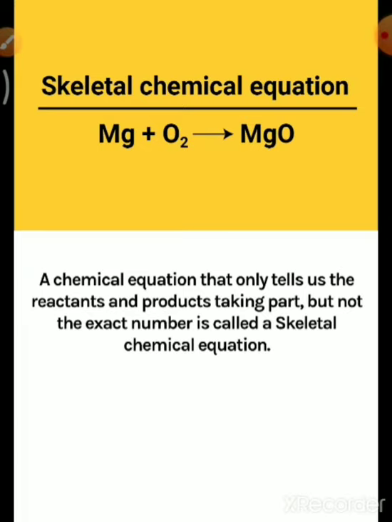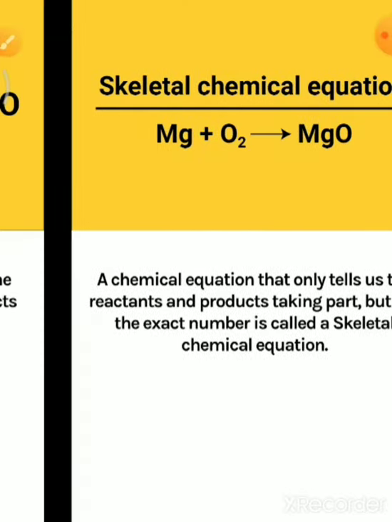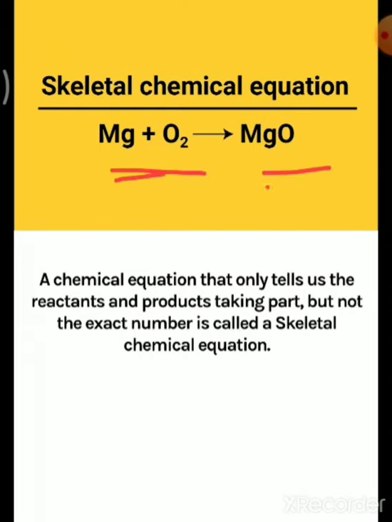So what is a skeletal chemical equation? A chemical equation that only tells us the reactants and products taking part but not the exact number is called a skeletal chemical equation. So a skeletal chemical equation just represents your reactant side and product side.